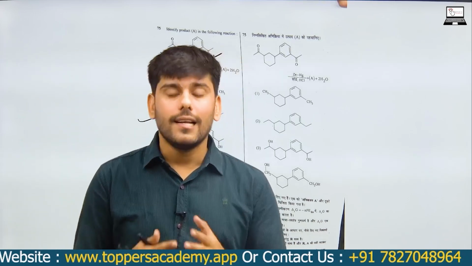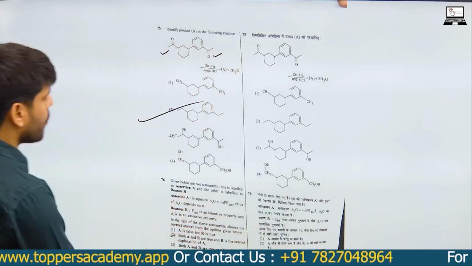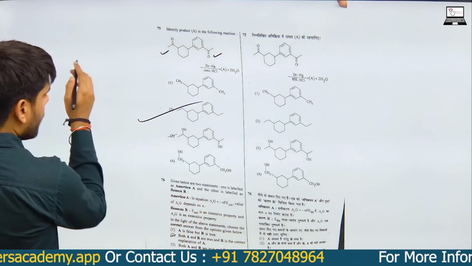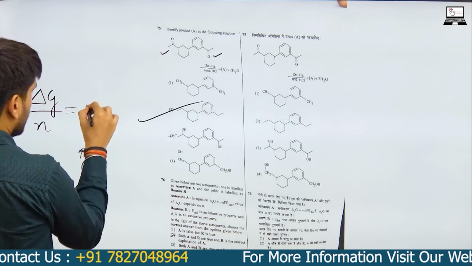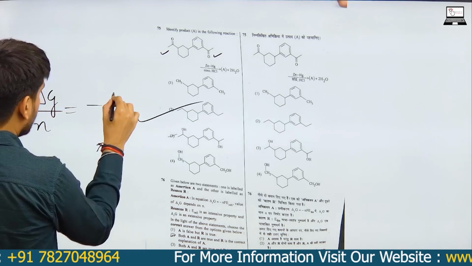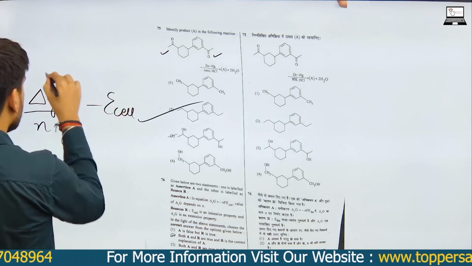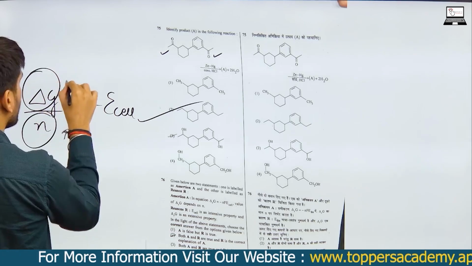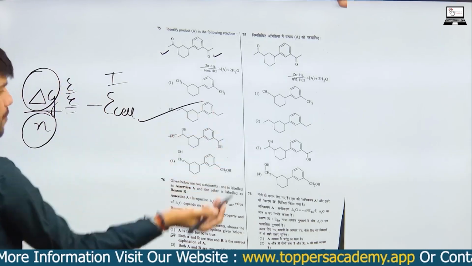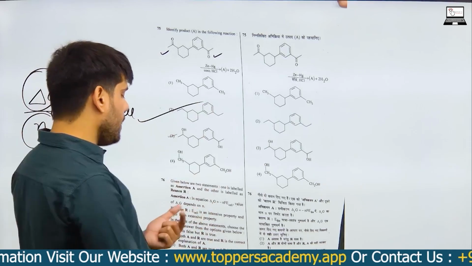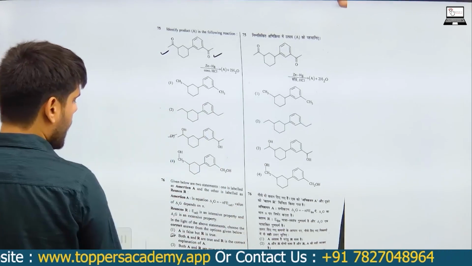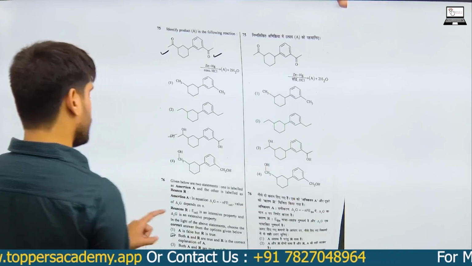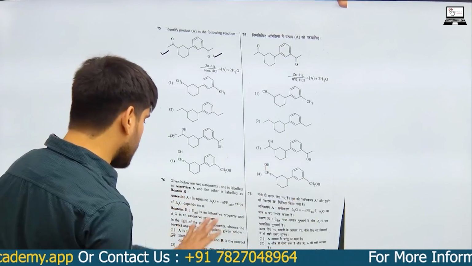We can also show it like this: delta G by n will be basically minus E cell. So extensive property upon extensive property gives you the intensive property. So E cell is intensive property and delta G is your extensive property. So both are correct and R is the correct explanation.